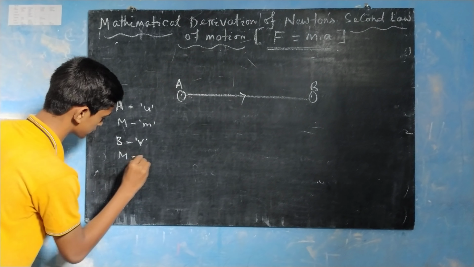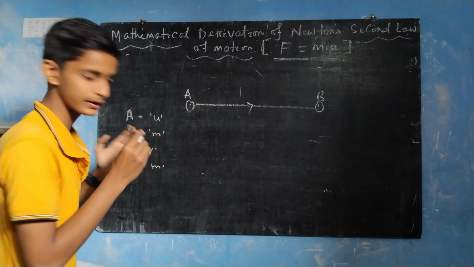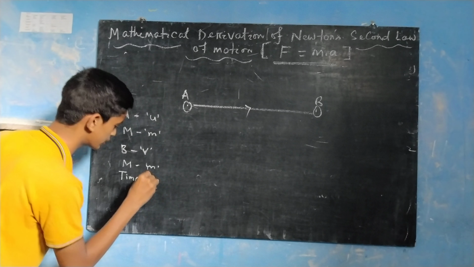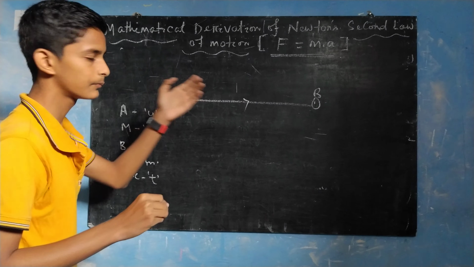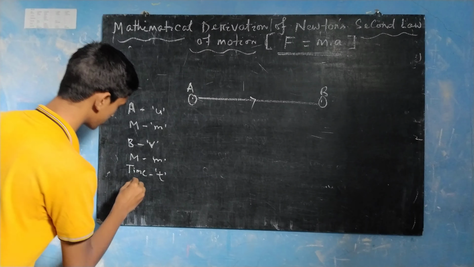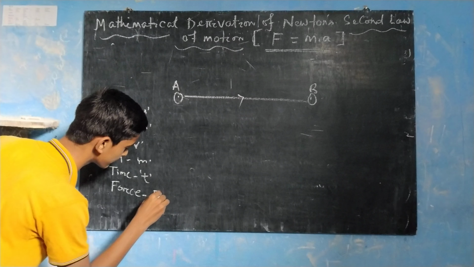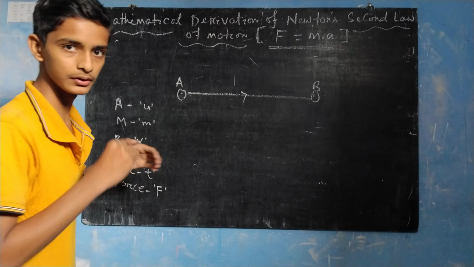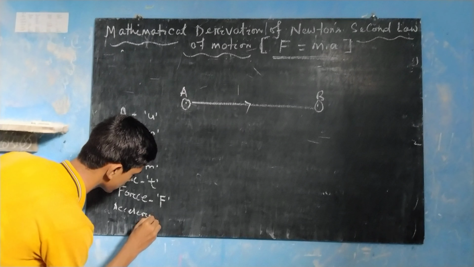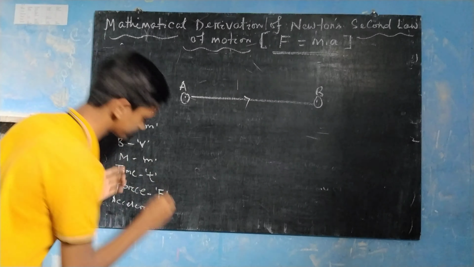So the mass is denoted by symbol small m, and the time taken is denoted by small t, and the applied unbalanced force is denoted by the symbol capital F. And the acceleration is denoted by the symbol small a.